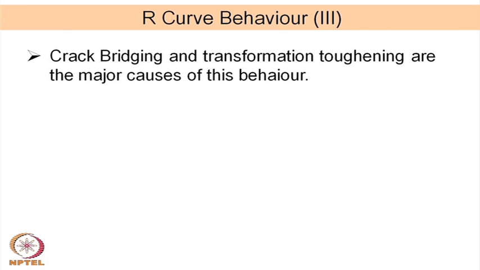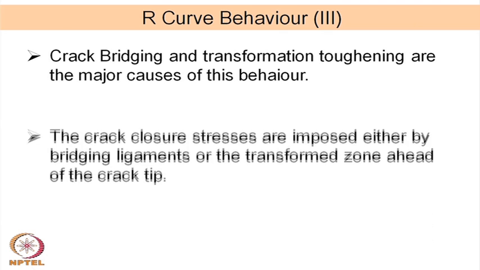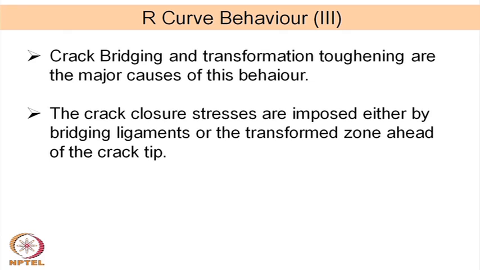Well, some more observations on this. Crack bridging and transformation toughening are the major causes of this behavior, which we have just mentioned also. The crack closure stresses are imposed either by bridging ligaments or the transformed zone ahead of the crack tip.